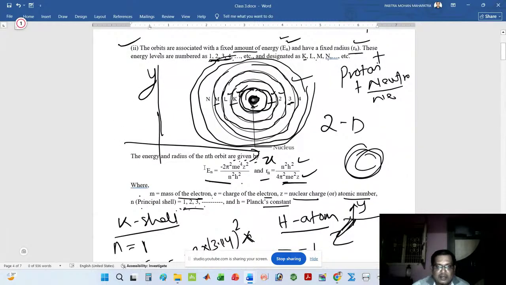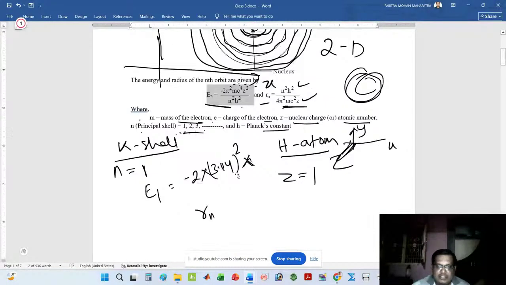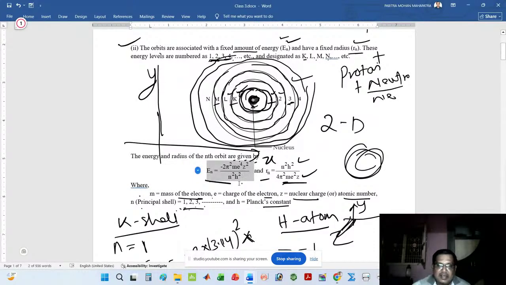This is the formula: En is equal to minus 2 pi square m e to the power 4 Z square divided by n square h square. Here the Z value and n value will change from one species to another, but the m value, e value, h value, and pi value remain constant. m means mass of the electron, e means charge of the electron, and pi is 22 by 7, or 3.14.